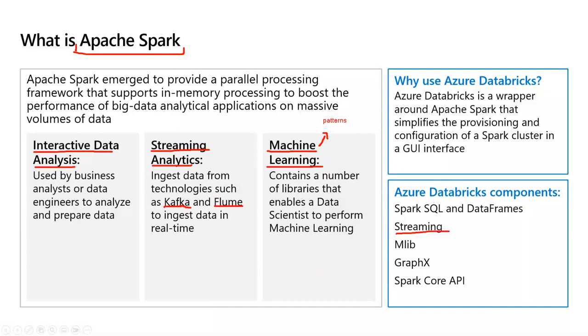Those are the tools that give you the possibility of having streaming analytics. So you get the data in real time or near real time, you process it, and you can have some predictive analytics there. So if you already have some knowledge about Apache Spark, Databricks is a kind of wrapper around this technology.